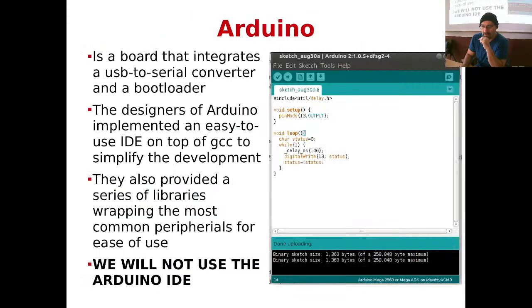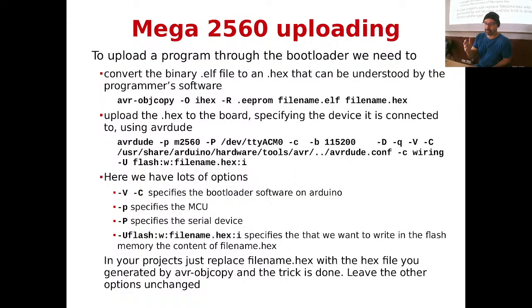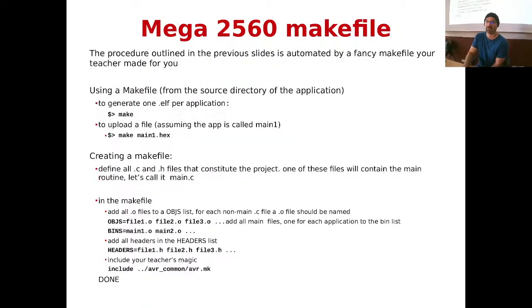We have investigated the AVR, and we have discovered how to set up a build chain for the AVR. In particular, the build tools that I've given you through this makefile also support C++, while the old revision for those that did operating systems was supporting only C. When we want to upload a program to the AVR, besides compiling it with the appropriate toolchain, we need to convert it to a hex file that can then be digested by the microcontroller.